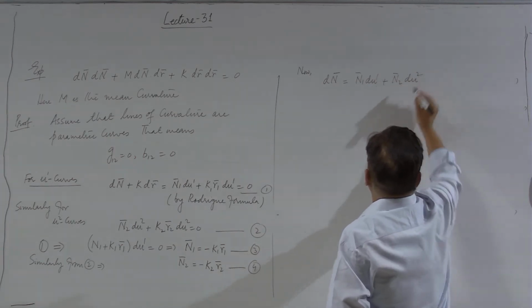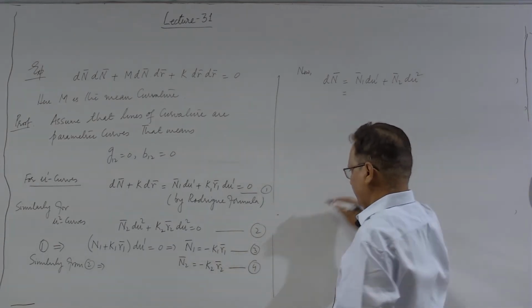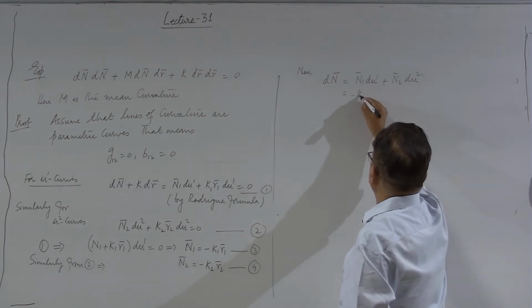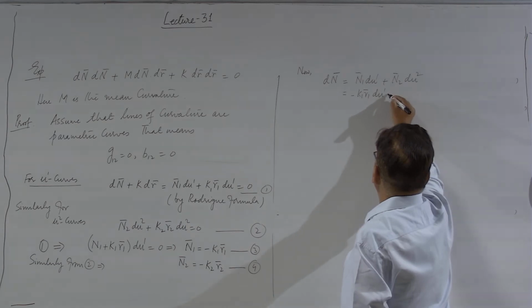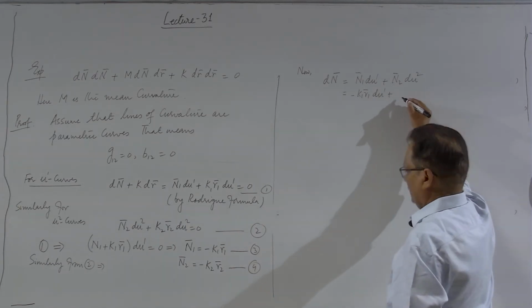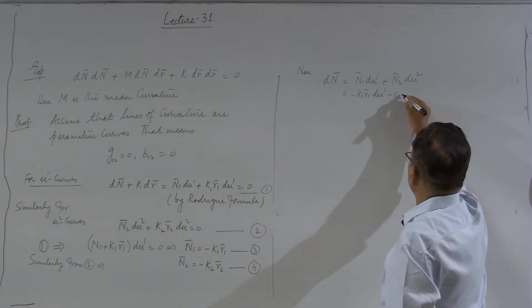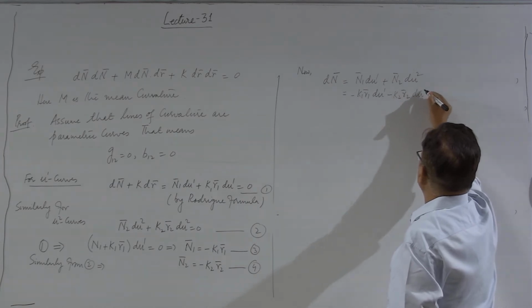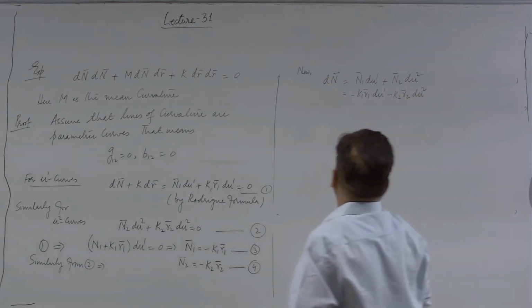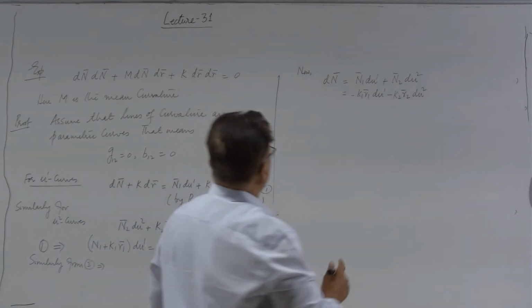Okay. And n 1 from number 3 is minus k 1 r 1 into du 1, plus n 2 is minus k 2 r 2 into du 2. Okay, this is dn, and you have to see what is dr, you may call it number 5.